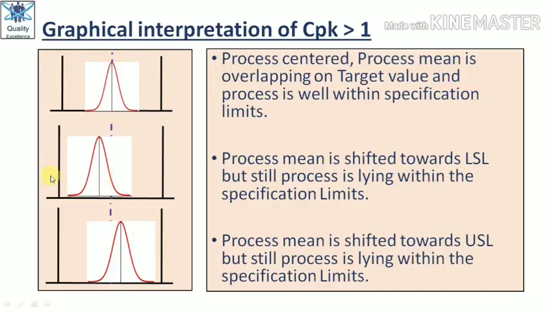It is not going outside the specification limit. In this case also CPK will be greater than 1. And in the third scenario, it is the same on the upper side, means your process mean is lying between target line and upper specification limit, and your overall process is lying within the specification limit. In this case also your CPK will be considered as greater than 1.